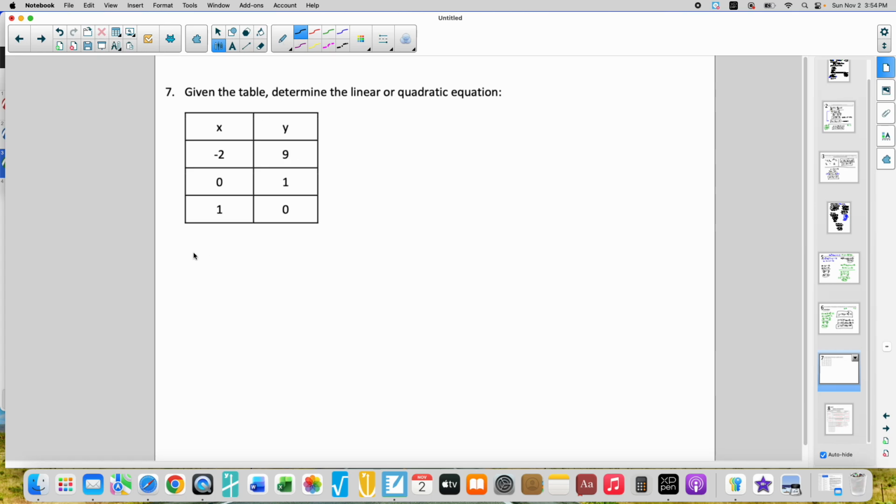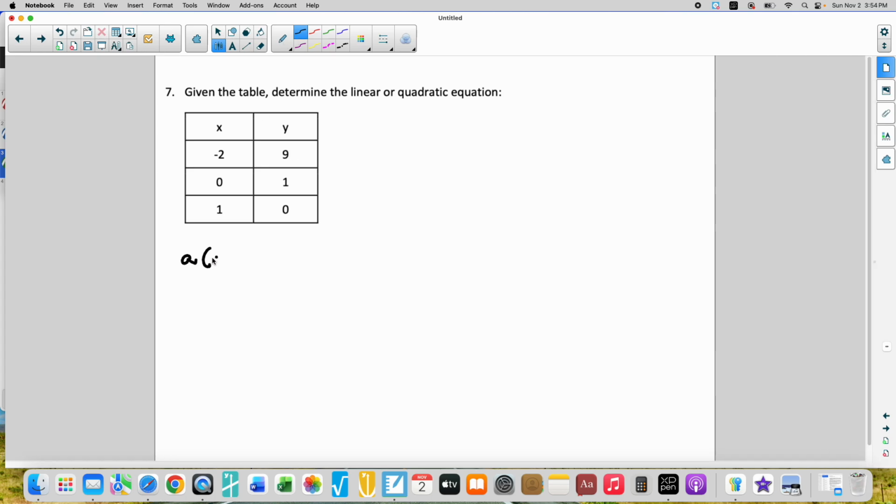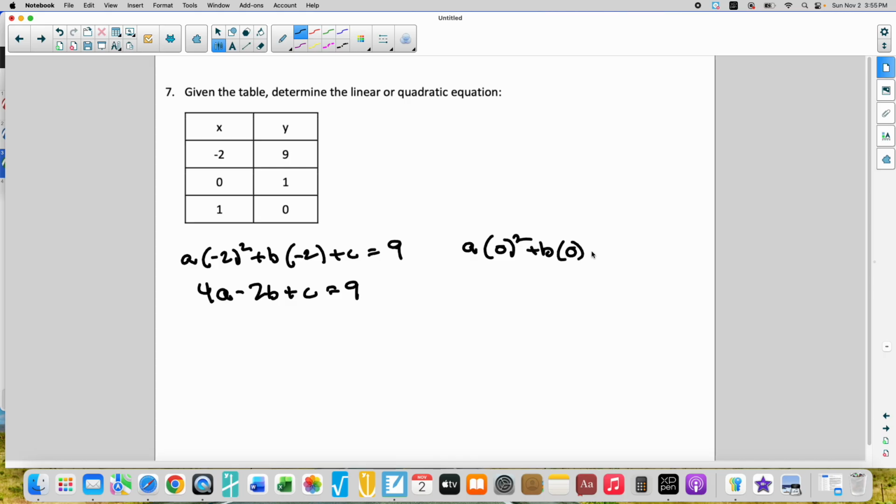We got 3 equations. We've got a times negative 2 squared plus b times negative 2 plus c equals 9. That's my x values. Those are my y's. So that gives us 4a minus 2b plus c equals 9. Let's do a times 0 squared plus b times 0 plus c equals 1. That's going to give us 0 plus 0 plus c equals 1.